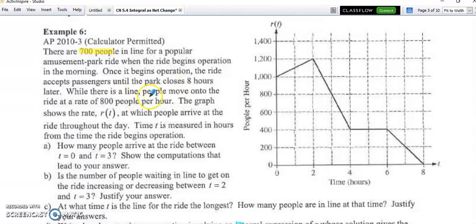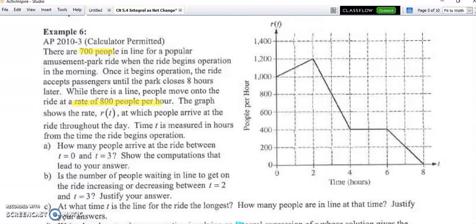When there is a line, people are going to move on to the ride at a rate of 800 people per hour. And notice that the people getting on the ride is equal to the people who are leaving the line. So this is a rate of people leaving the line. The graph that's given is showing the rate that the people arrive at the line.